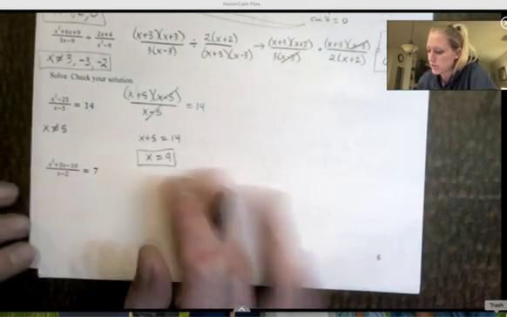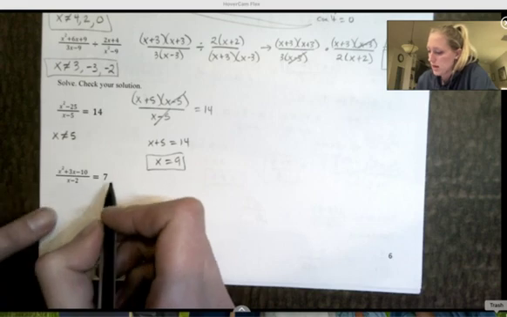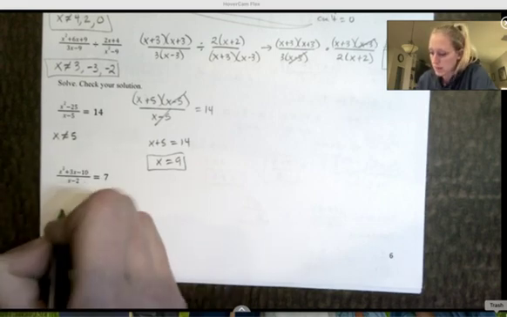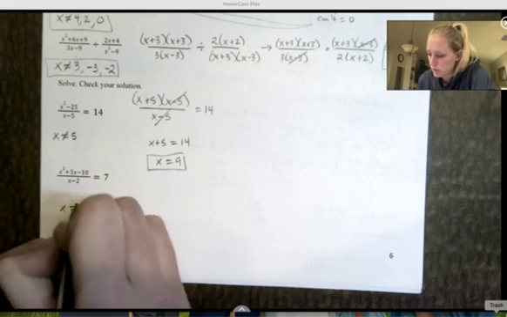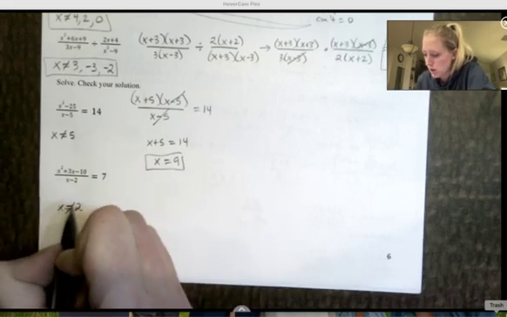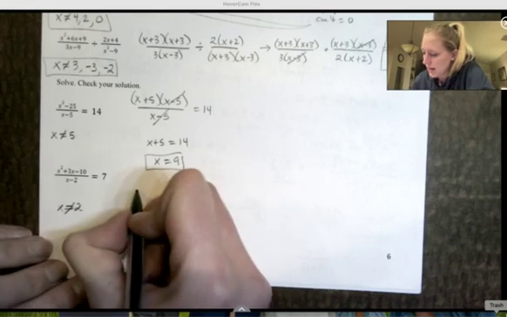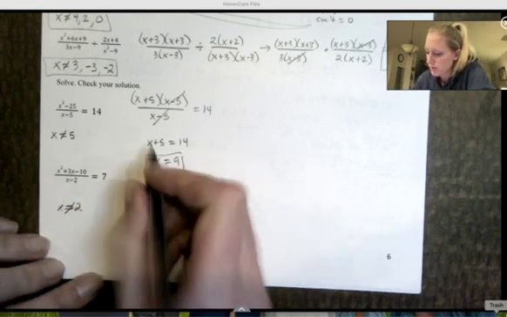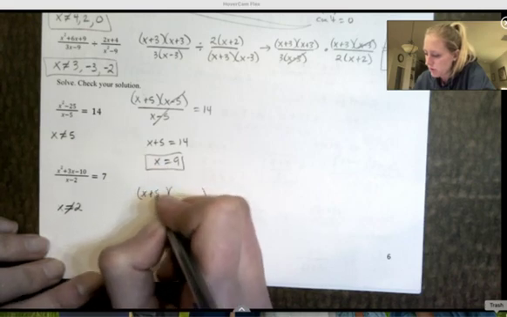Okay, same with this one. Let's factor first. So I have, I guess I can state right now, what would make my denominator 0 is 2. So x could not be 2. Okay, so factor the top. I've got numbers that multiply to be negative 10 that add up to be 3. It would be 5 and negative 2.